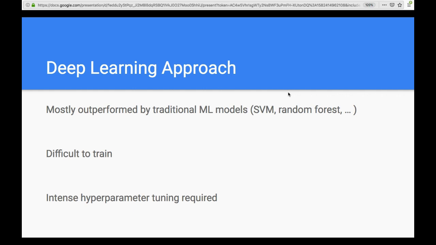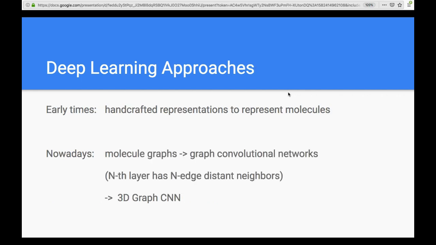There are a variety of reasons, but in conclusion, they are just very hard to train. And they also require a lot of hyperparameter tuning, which basically means you need to spend tons of computational power just to train a model, right? And then the performance is not necessarily good.